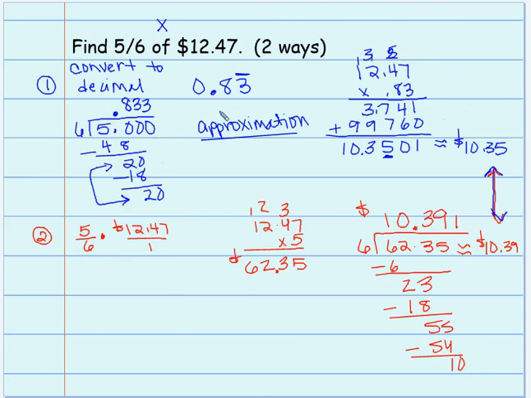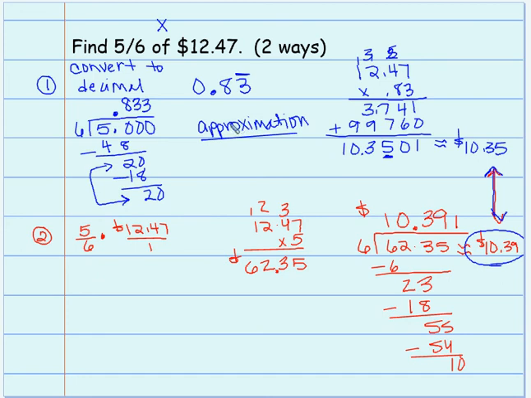So we took that infinitely long decimal and rounded it to the hundredths place. We rounded it to 2 digits, when in fact it really goes on and on forever. So this answer is more accurate, but this one's close. Just know that anytime you round decimals, you introduce some error into your calculations.